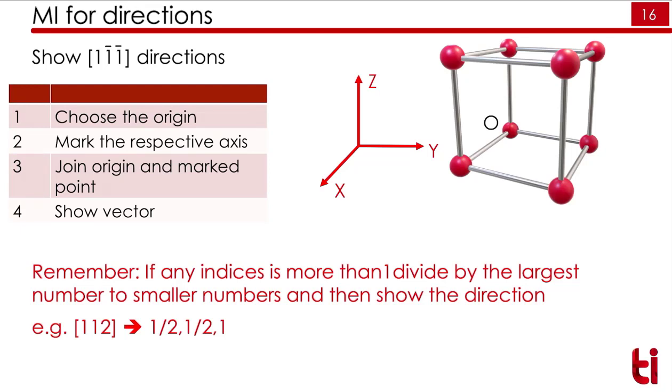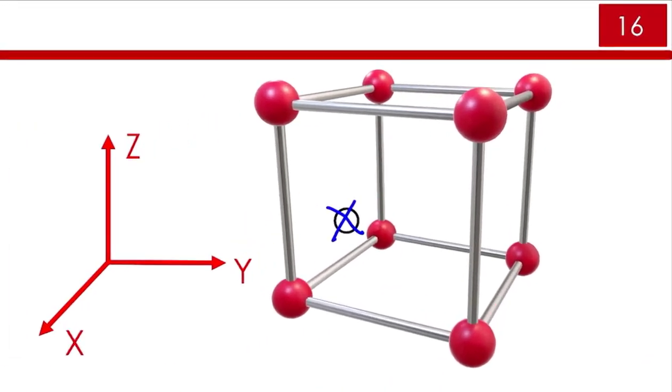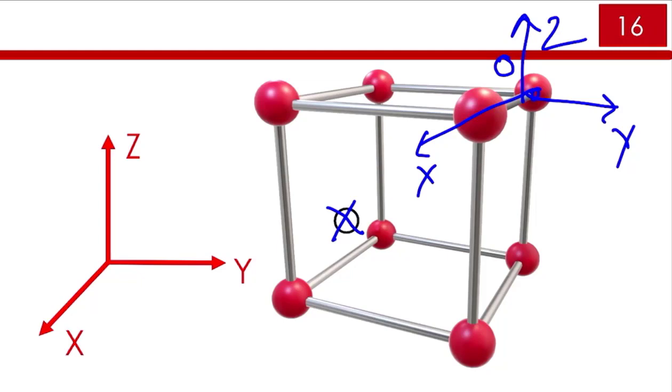This origin will not give me the negative indices for minus y and minus z, so I don't want to use this origin; we need to shift the origin to such a place that this direction comes inside the unit cell. So I choose this point as the origin, then this will be the x direction, this will be the y direction, and this will be the z direction. So minus y, minus z and plus x are all three inside the unit cell.